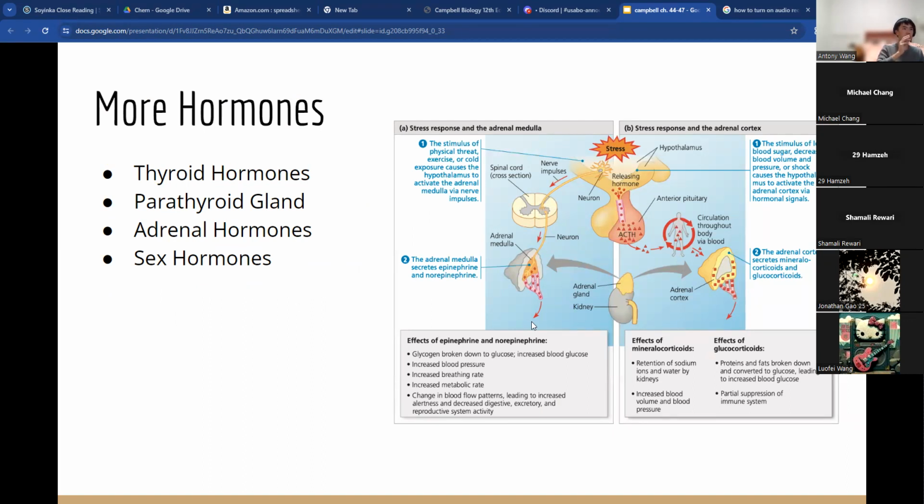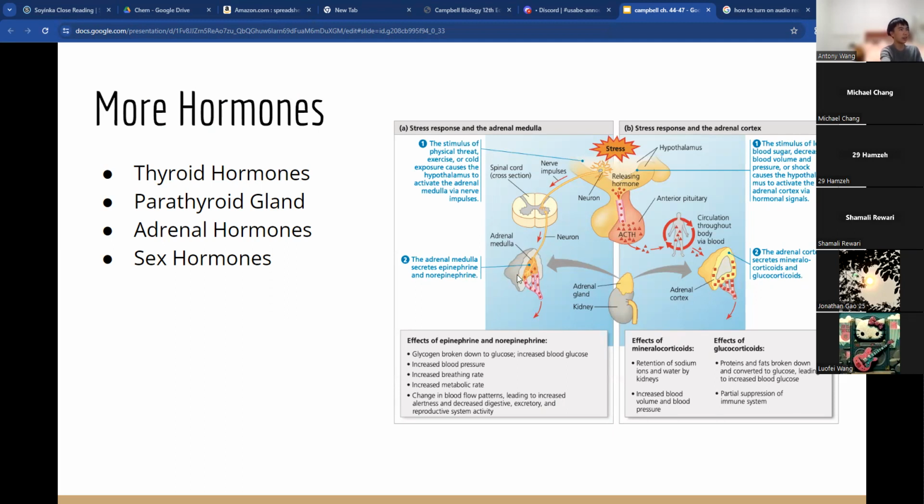The adrenal hormones. So let's talk about the adrenal gland. Okay, the adrenal glands, as pictured here, consist of the adrenal cortex, which is the outside. In general, if you hear cortex, you should think outside. That holds in cell biology, in plants.